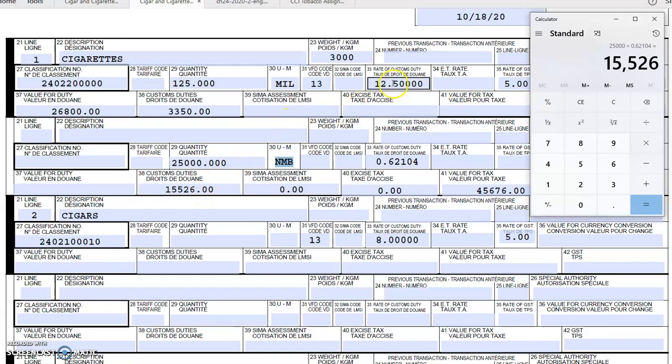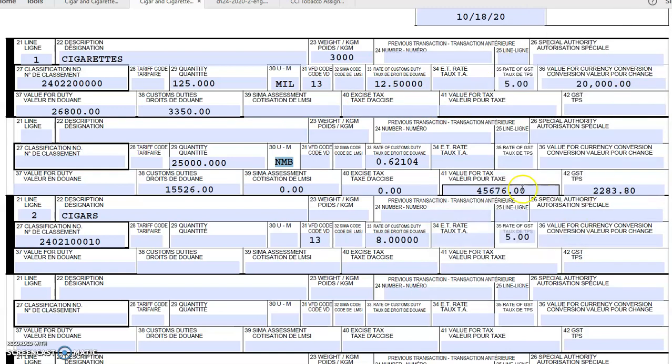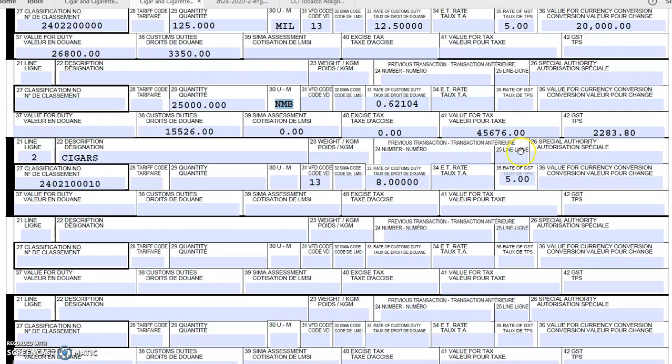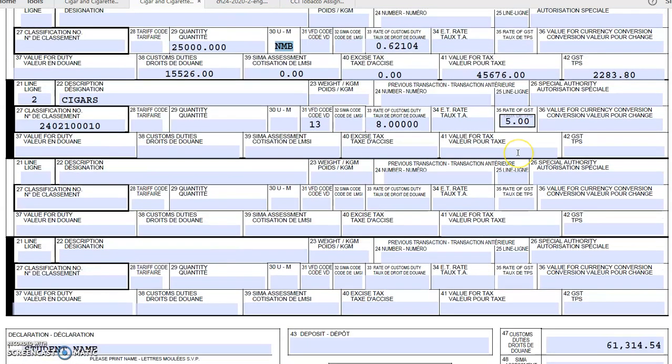Let me speak English here, pardon me. So now we figure out the value of tax, which is the value for duty plus the customs duty plus the excise duty. Get that? That times 5% is this amount of GST. Straightforward, just like the alcohol entry that you guys did so well on your assignments.